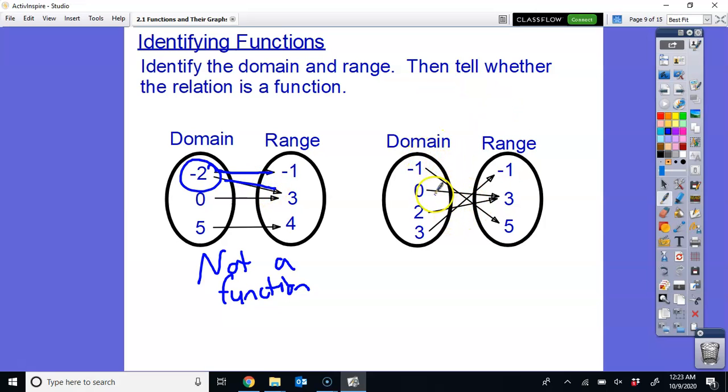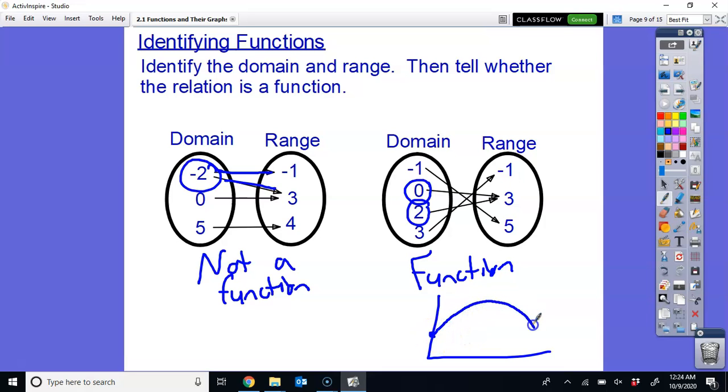It is okay if I have an input here and an input here that both have the same output. That just means that those two x values have the same y value. Let's think about that in a physical way. This would be a function still because each input has only one output, even though some of them share the same number. We're going to talk about this a little bit later. You could have a shape that looks like this.